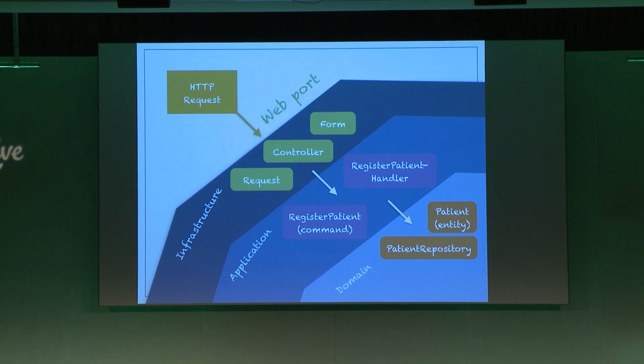Looking at what's going on, again, it's the request message that's being translated using controller, form and request, but the data is not being copied to an entity anymore. It's being copied into a command object. And there is a command handler, in this case the register patient handler, which processes that command. This happens in what you could call the application layer.